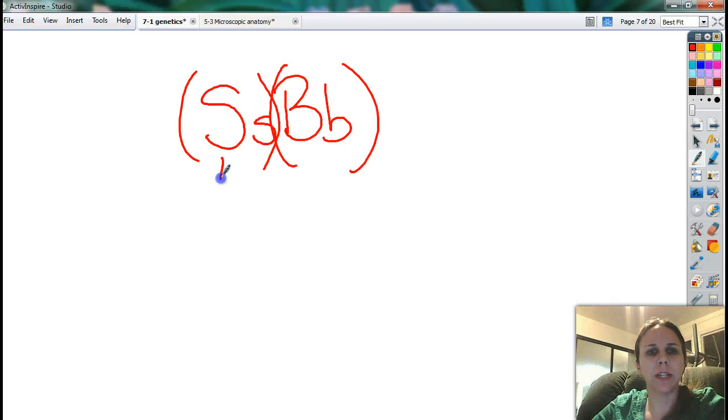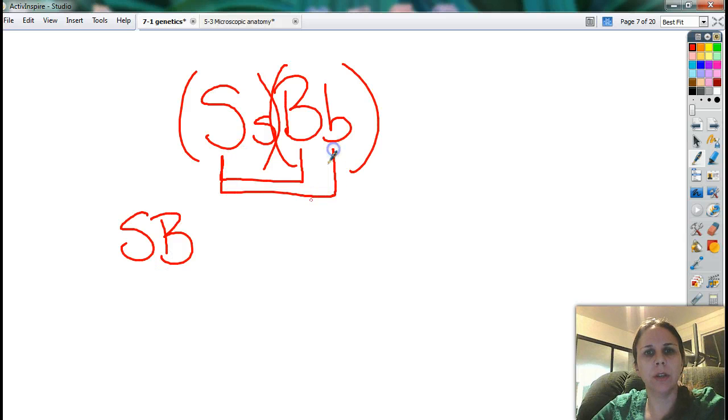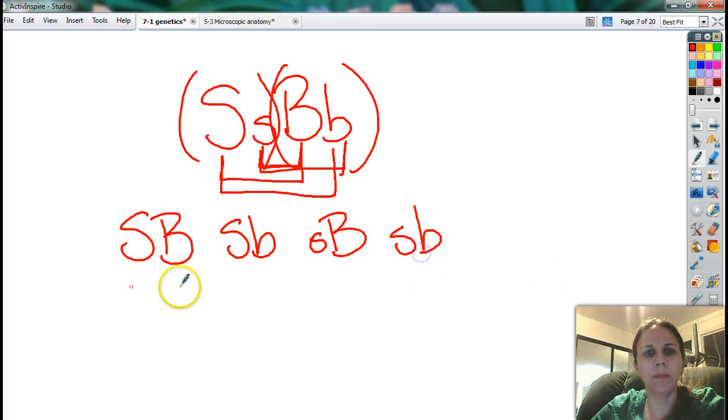And what you're going to do, you're going to take your firsts of each set and write those down. You're going to take the outers of each set and write that down. You're going to take the inners of each set and write that down. And then you're going to take the lasts of each set and write those down. That tells you what your eggs and sperm are going to be. It's really simple.